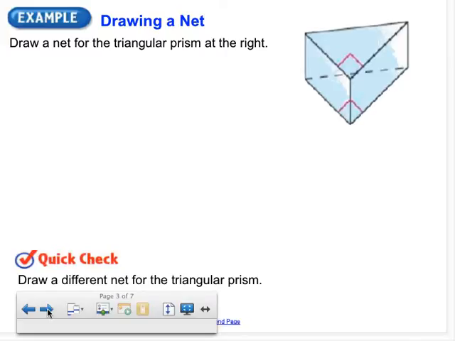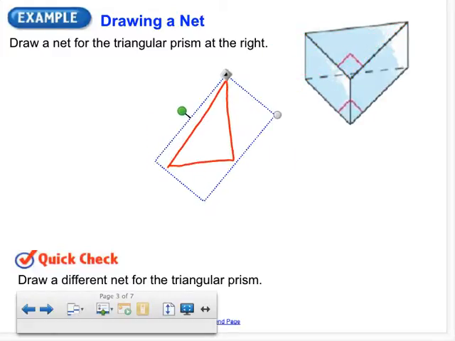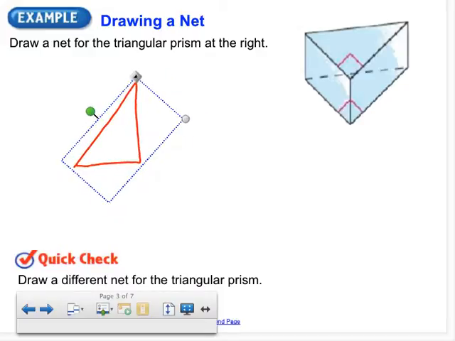It doesn't have to be perfect. It's just a sketch. I'm going to show you how I would draw it. So you would need a polygon to cover this side of my figure, right? Okay. But not only that, don't I need the same shape to cover the bottom too?